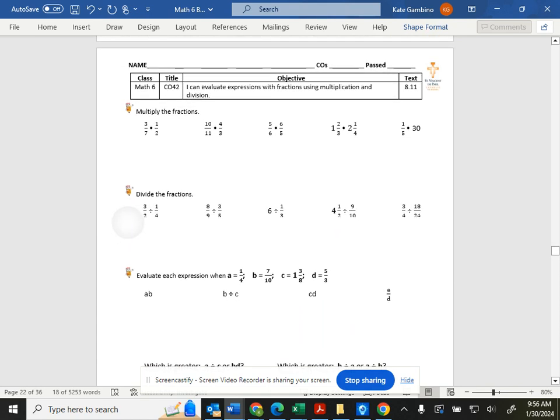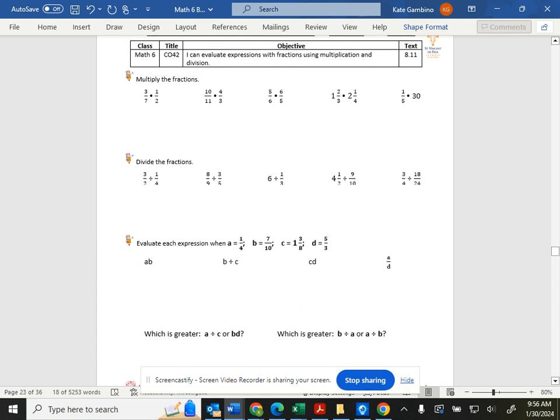Still using fractions, but this time we are multiplying or dividing. What are the rules for multiplying or dividing our fractions? Layla. You gotta talk louder. Multiply straight across. So the first thing you want to do is take care of mixed numbers. So first thing is convert mixed numbers.